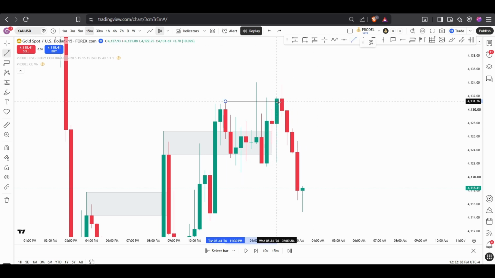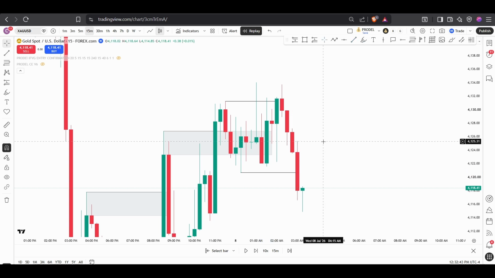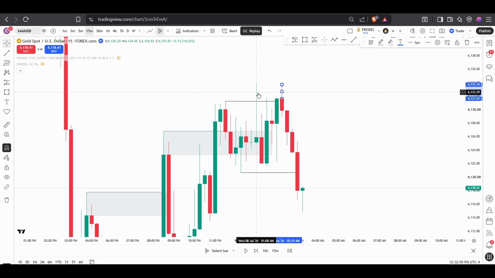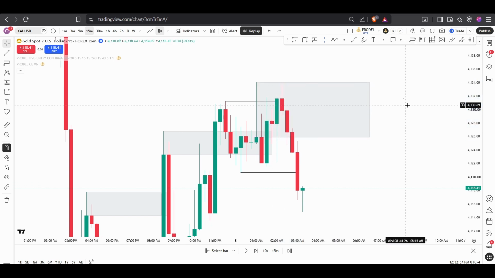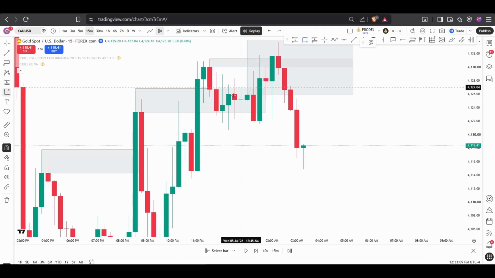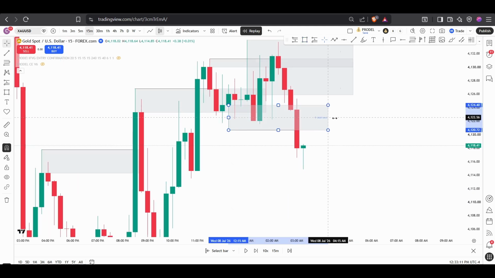Let's mark this and this. This is the apex level, but in this retracement this is the highest high, so just mark this high. Inside this big zone, this is also included, and also this support become resistance level.